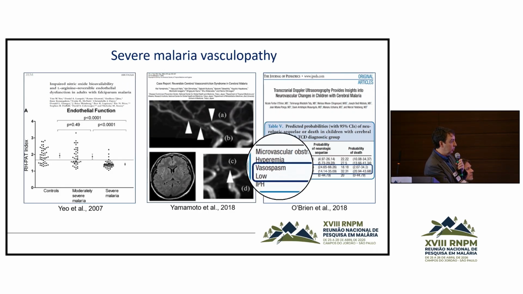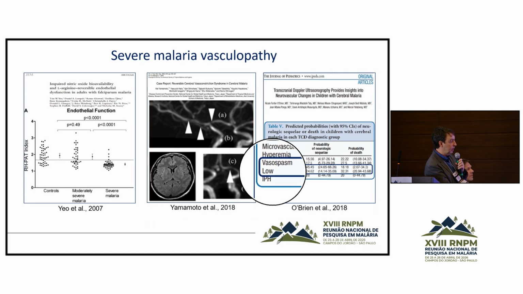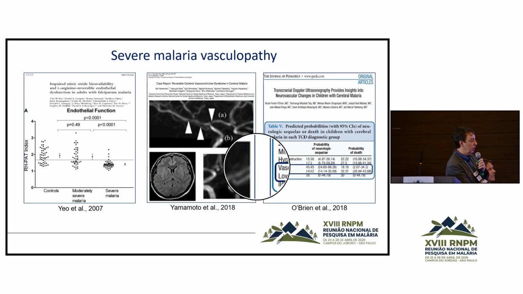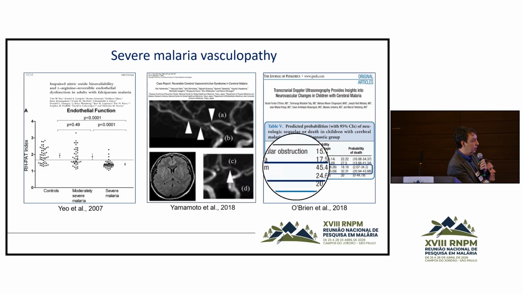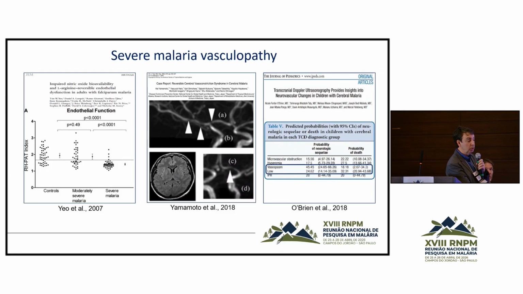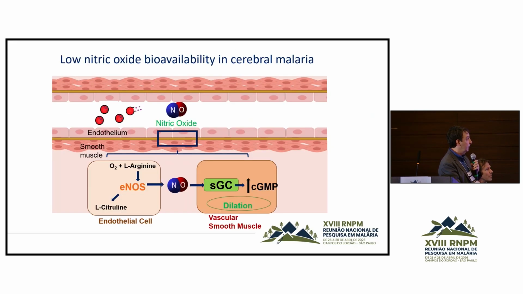And in this work using Doppler, it shows that there are 4 profiles of vascular alteration in patients with cerebral malaria. Patients with low flow have a higher lethality than other profiles.